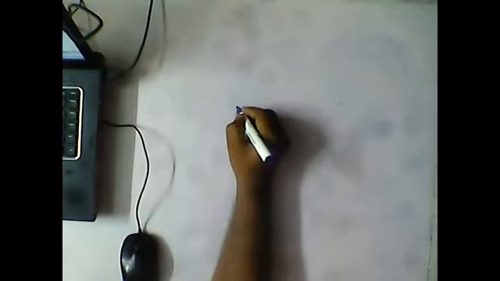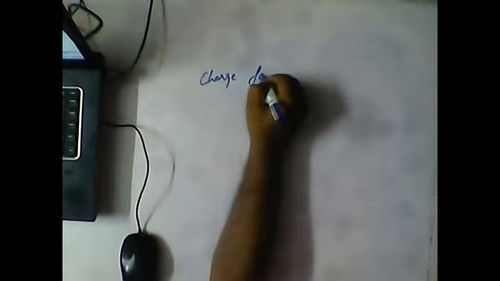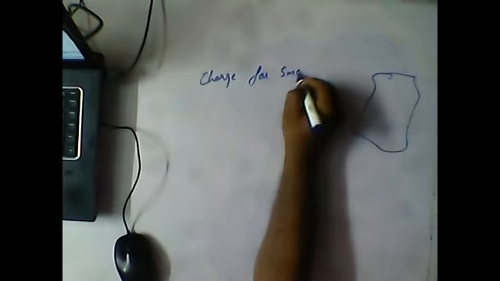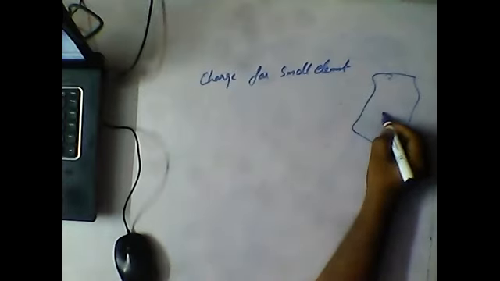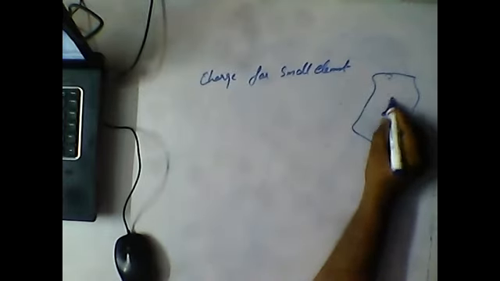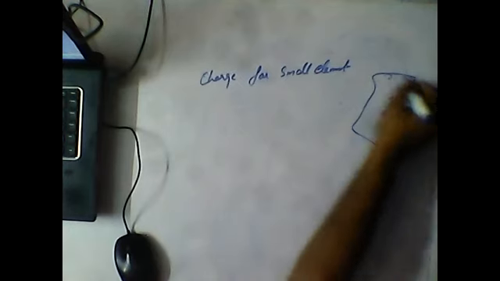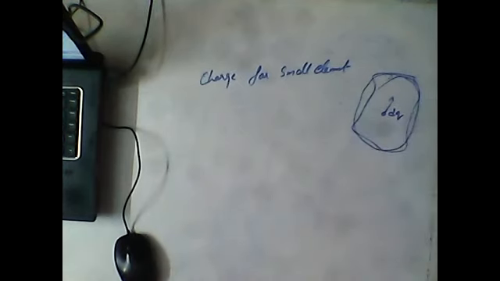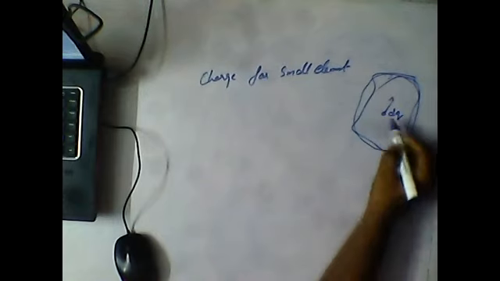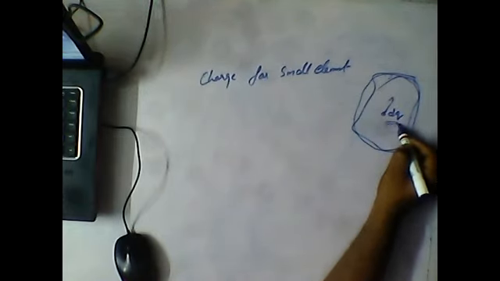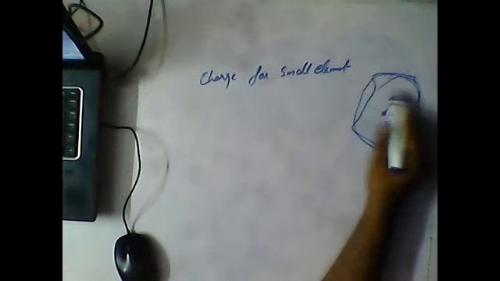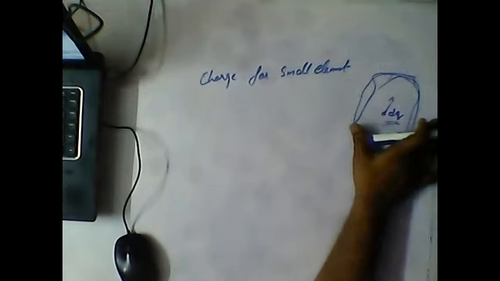For example, charge for a small element can be obtained. Here this small part has a charge of dq. When I integrate over the boundaries, I get the whole charge. If I consider a small element with value dq, and integrate with the boundaries, I get the total charge present.